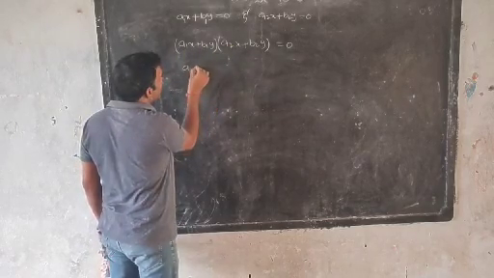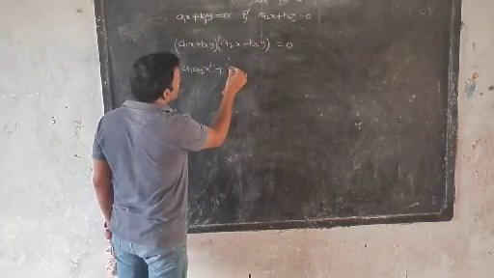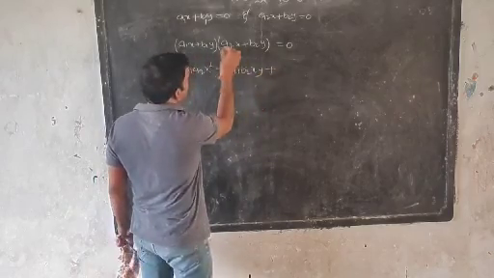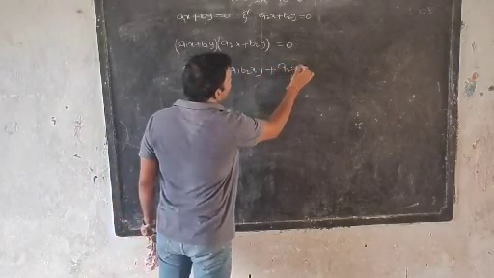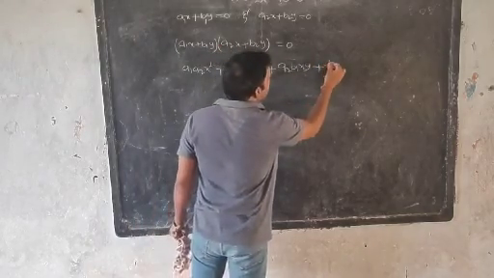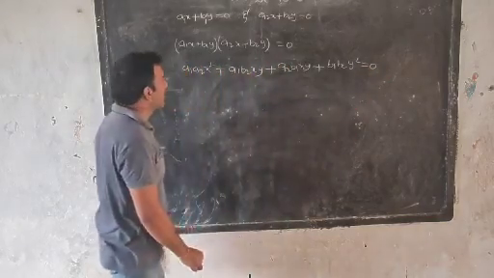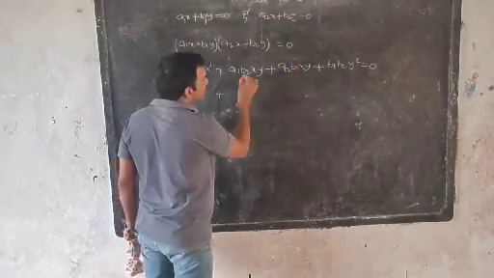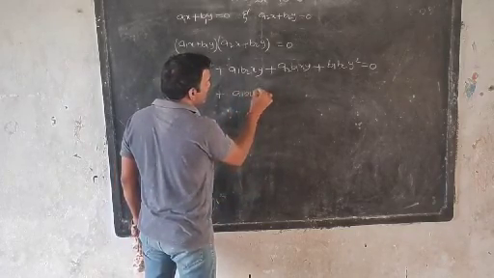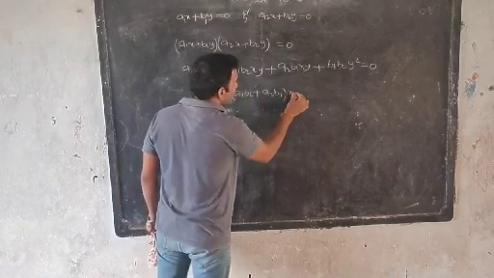a1x into a2x, a1a2 x square, then a1 b2 xy, product of these two terms, a2 b1 xy, product of these two terms, b1 b2 y square equal to 0. Here there are two terms which have xy. So if I take xy as common, (a1 b2 plus a2 b1) into xy.